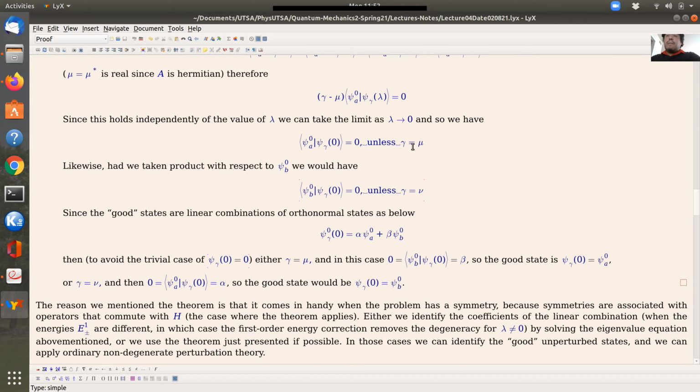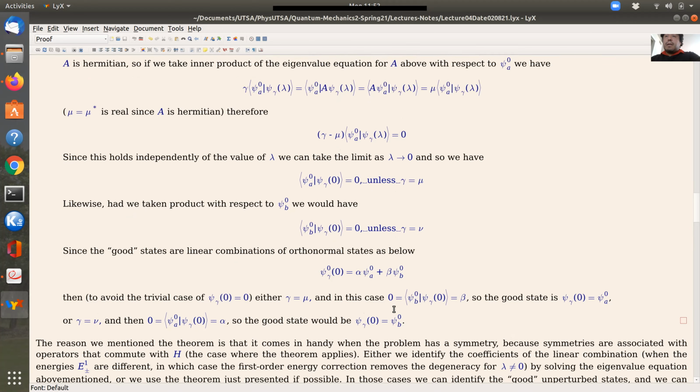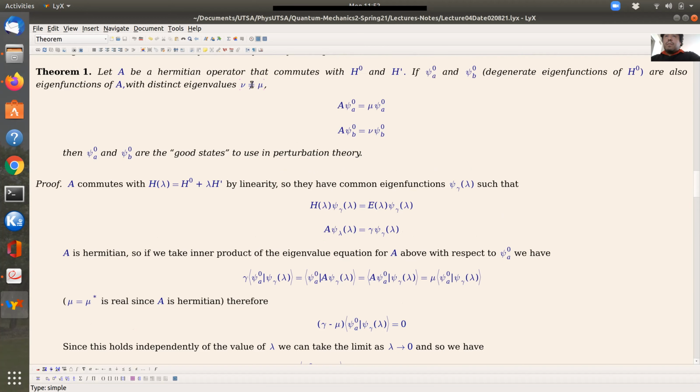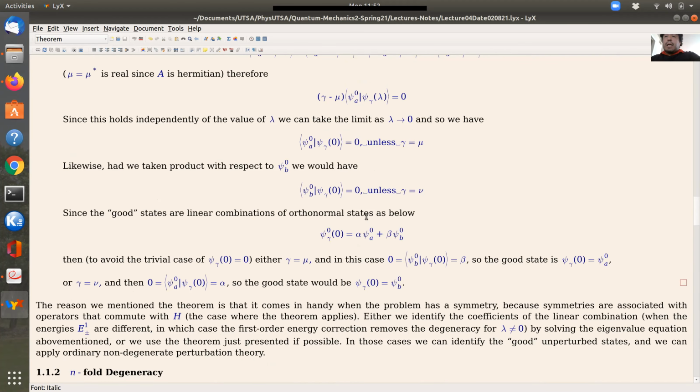So one of these two conditions should happen. Either gamma is equal to mu. If that is the case, because mu and nu are different, the other condition cannot hold.